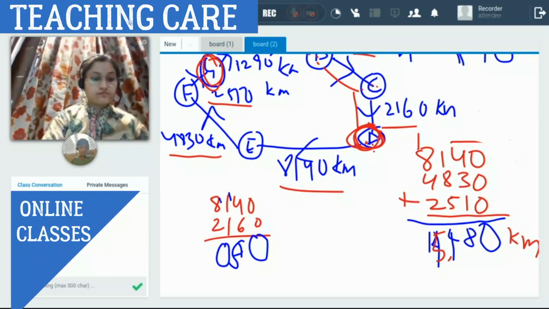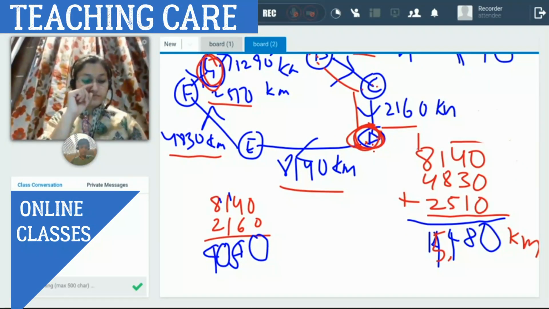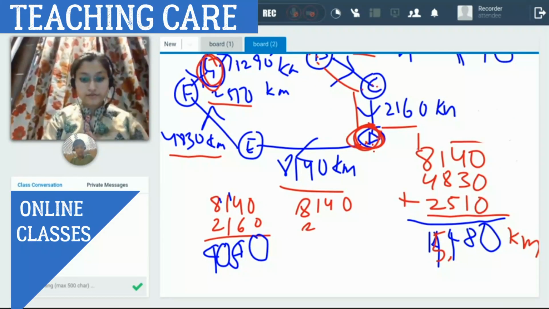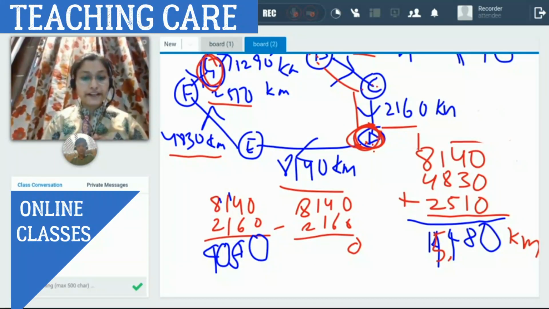The answer is 5980, because you subtracted. Let's do it together. 0 minus 0, 0. 4 minus 6, that means 14 minus 6, is 8.